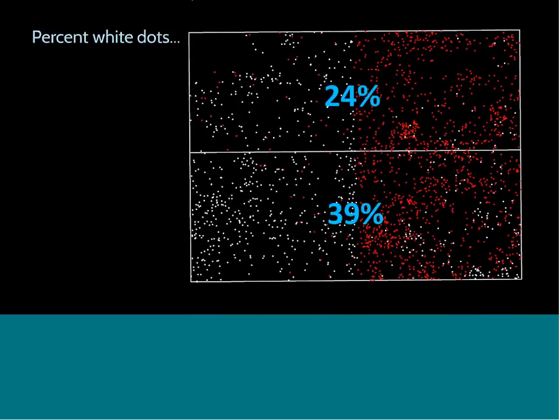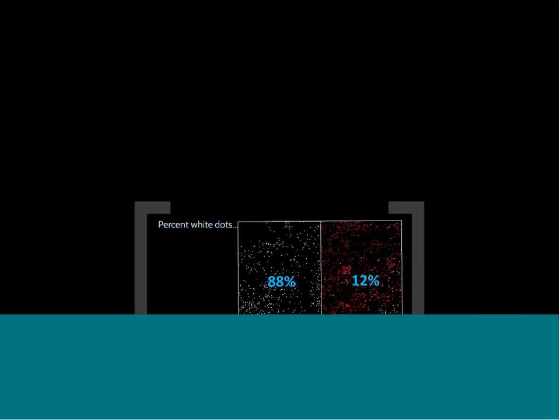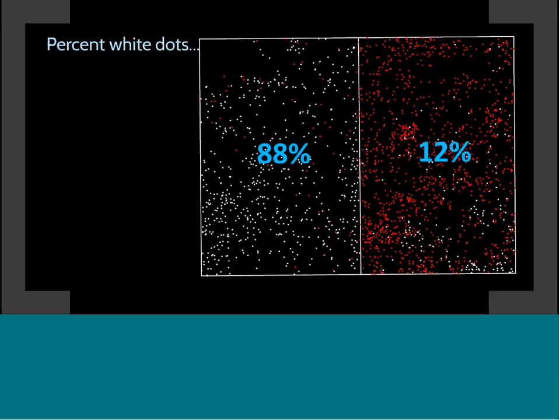What if we were to draw the boxes like this? It's the same dots, but now our boxes are kind of horizontally oriented and we get a different percentage. Now what if we draw the boxes vertically? We get a different percent. So depending on how we draw the boundaries, we get different results, and that's the modifiable area unit problem.